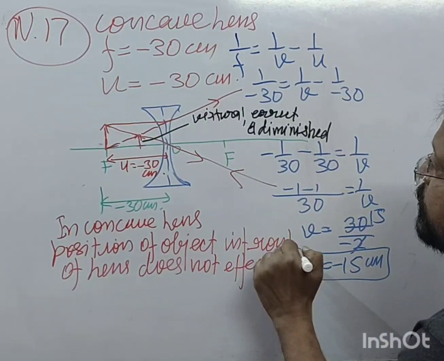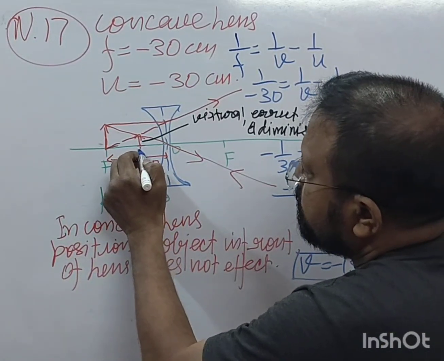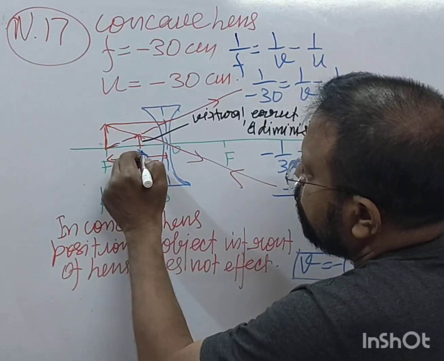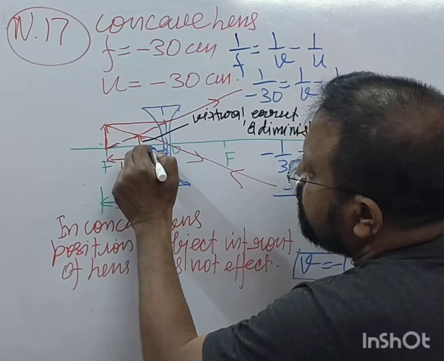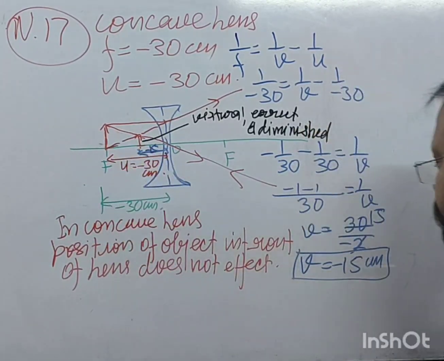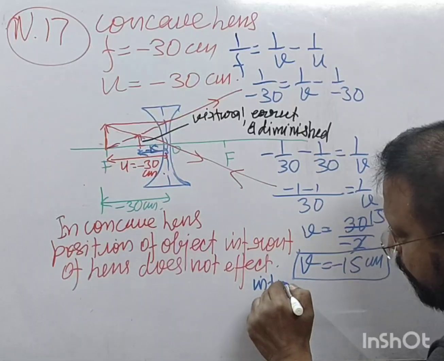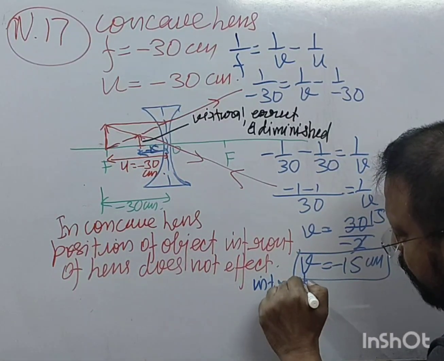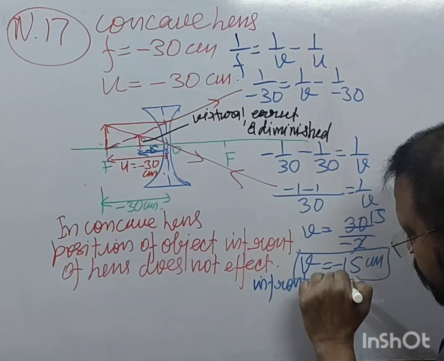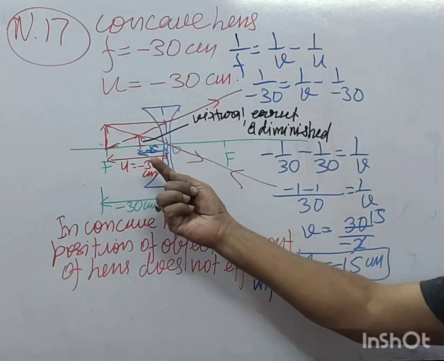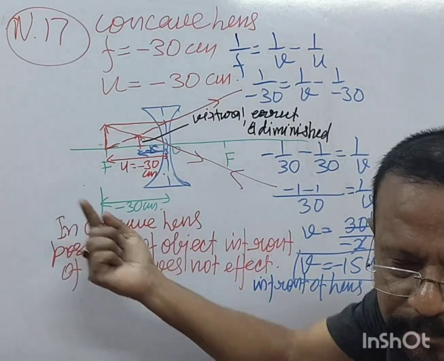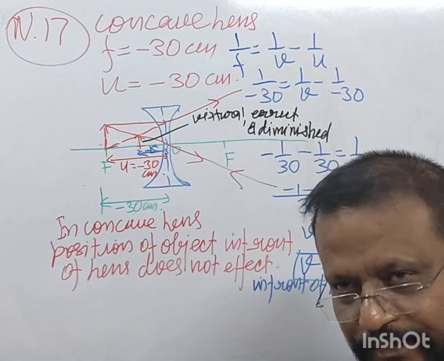So the image is at this distance, from here to here is 15 centimeter, minus, in front of the lens.